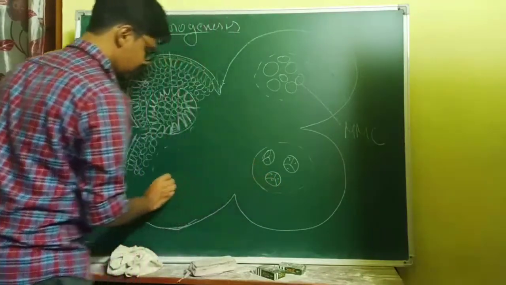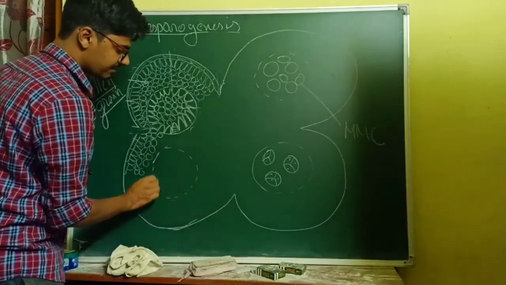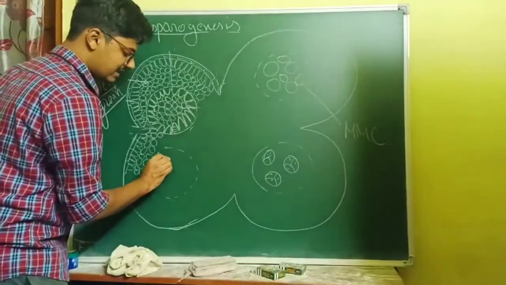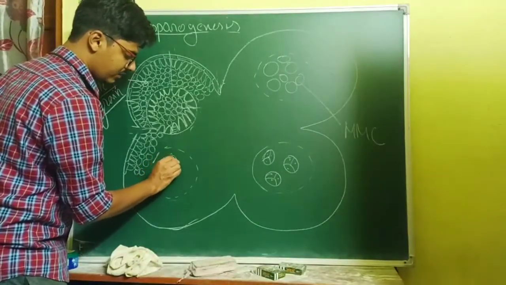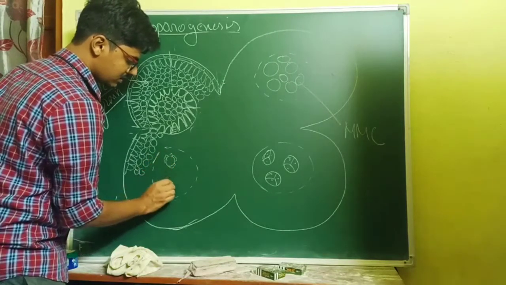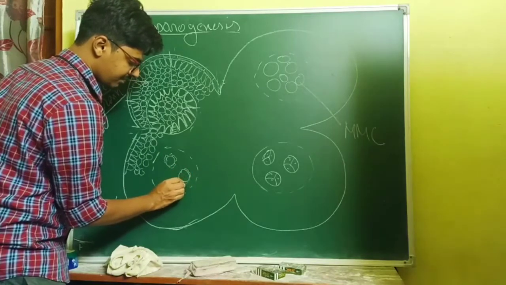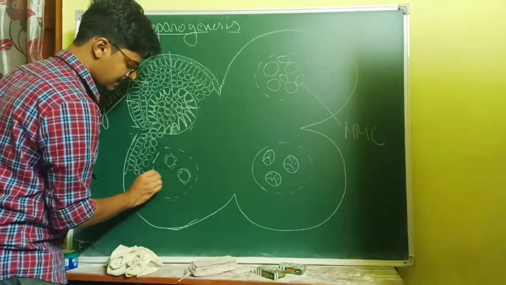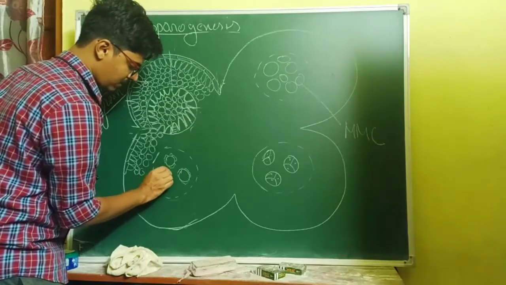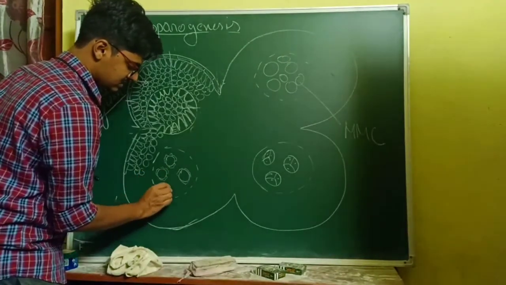After this, the microspore tetrad separated from each other and formed our pollen grain. Now we are able to see our pollen grain. This is the male gametophyte, because from the pollen grain the male gamete will arise.